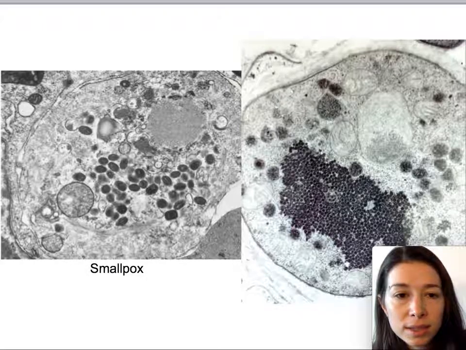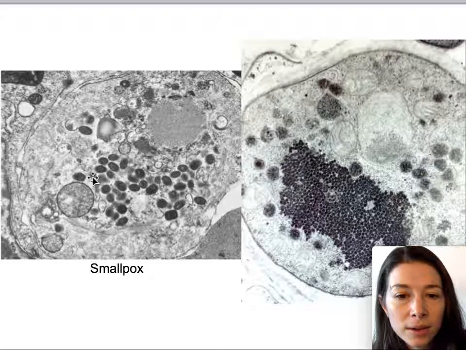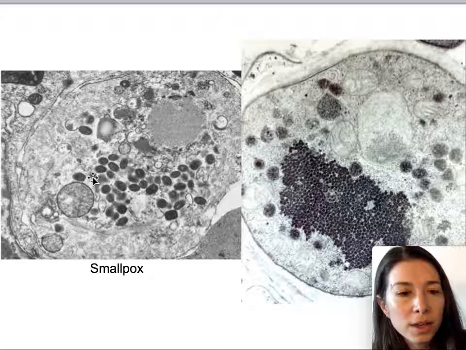So now they're taking cells and slicing them in half with a knife so we can see a cutaway of the inside of the cell, and they're showing you that cells that are infected with smallpox create these granules that contain the virus, these inclusion bodies that are very characteristic of cells that are infected with smallpox if you look at them under a microscope.